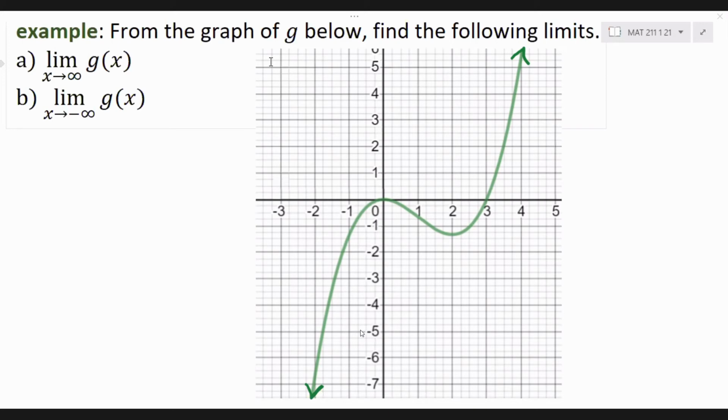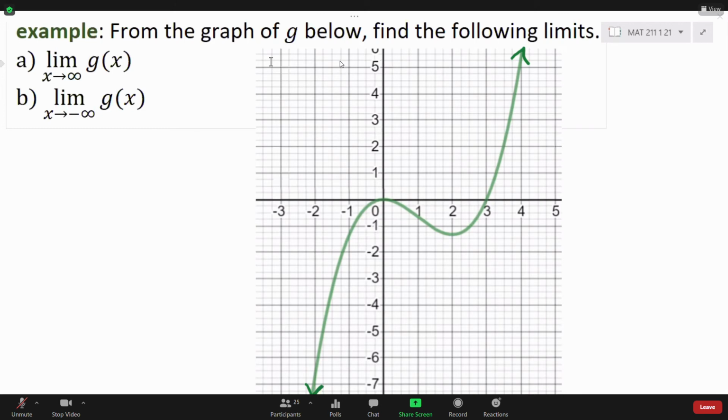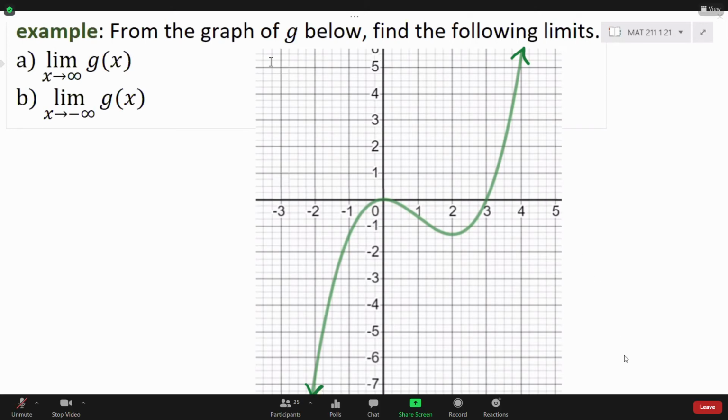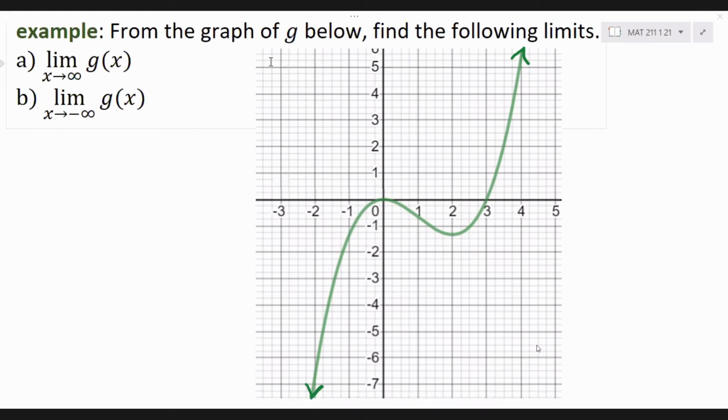So the first question is, what is the limit of g, this new function, as x goes to infinity? So again, the question is, what is y doing when x goes to infinity?